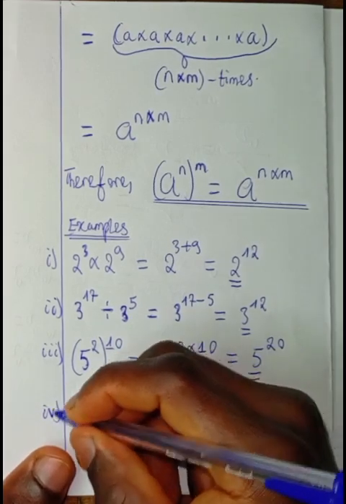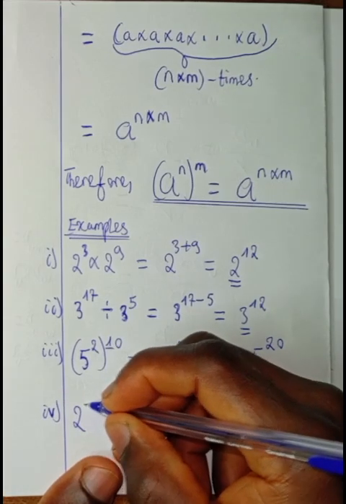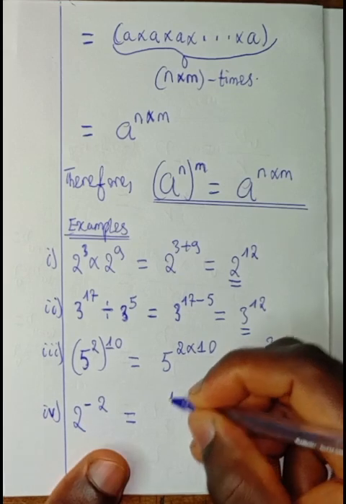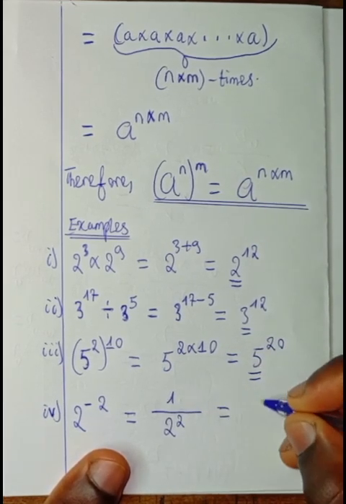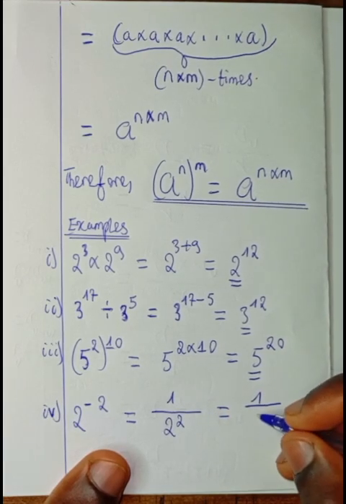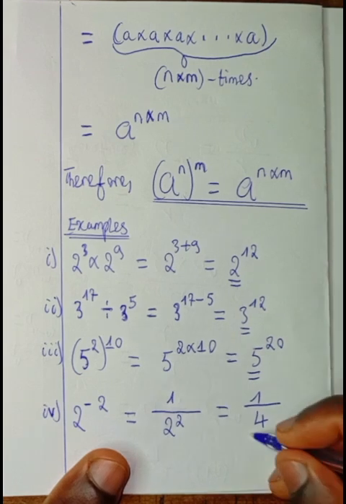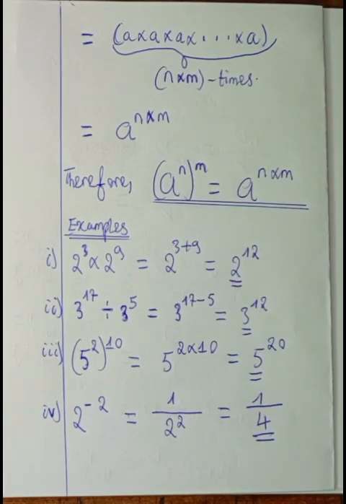We have 2 raised to the power negative 2 is simply equal to 1 all over 2 raised to the power 2, which is simply equal to 1 all over, we know 2 raised to the power 2 is 2 times 2, which is 4, so 1 quarter. So these are some few examples demonstrating how we apply those laws.